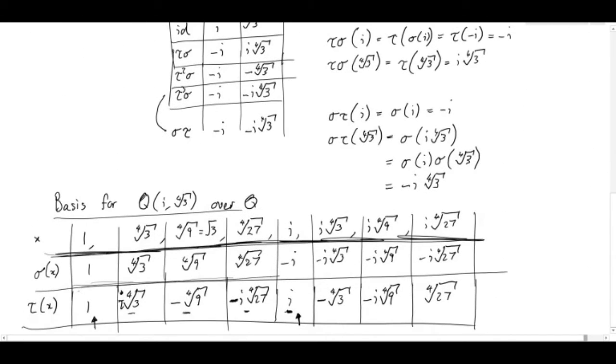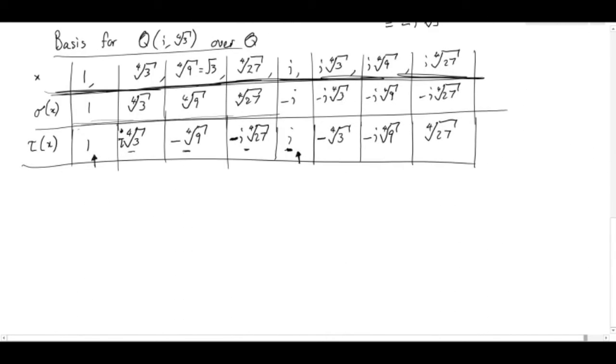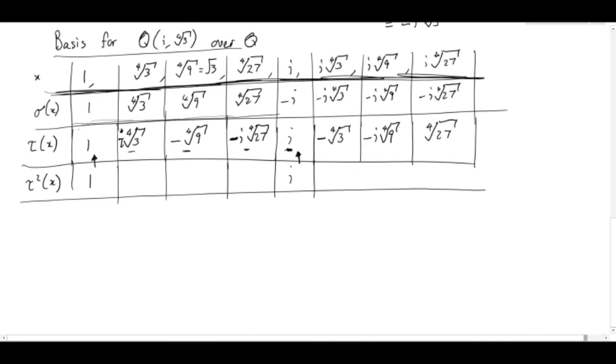Right, let's do the tau squared after this. So 1 is mapped to 1, i is mapped to i, the fourth root of 3 is first mapped to i times the 4th root of 3, and after that it is mapped to, well, i is mapped to i, and the fourth root of 3 is mapped to i times the fourth root of 3.